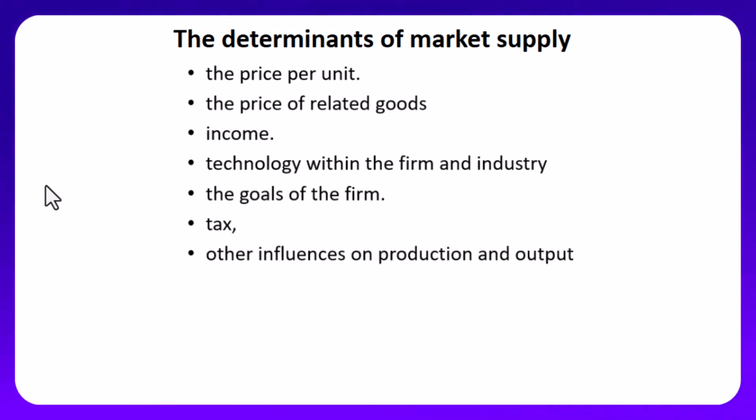And there are different other factors. For example, the weather. The weather might be a determinant of supply. Clearly, in the case of farming, that is true. That the market supply for vegetables and for fruit and for crops depends on the weather. So we can envisage lots of determinants for market supply.